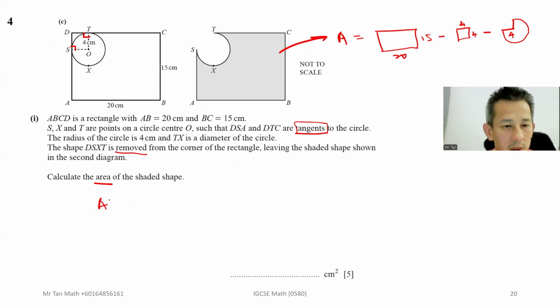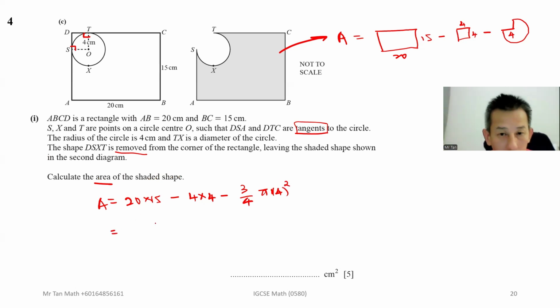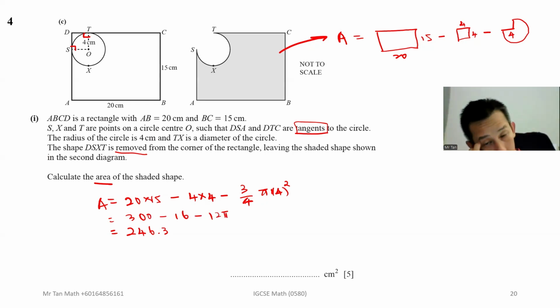So area equals 20 times 15 minus 4 times 4, minus 3/4 of pi r squared, r is 4. Calculate. You should get 246.3.